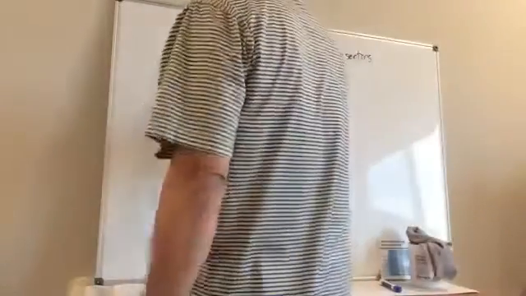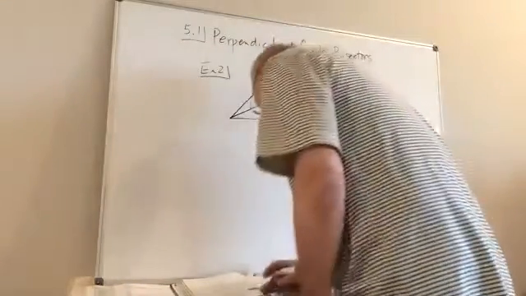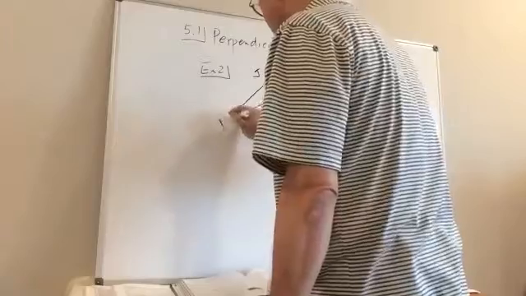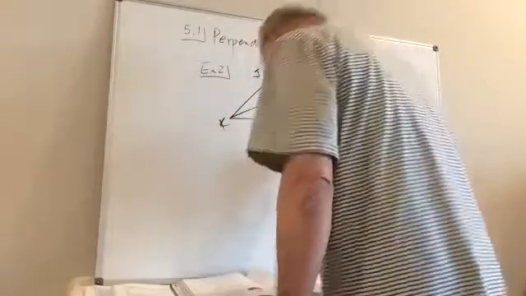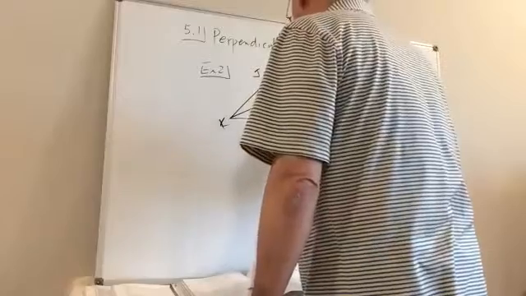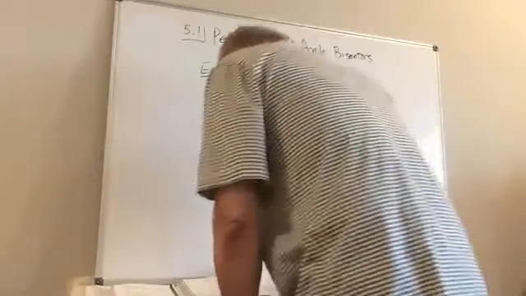Okay, so that's good. Let's see if we can use it, flip the page and do example number 2. Example number 2, we have find each measure, and on the first one, looks like we have J, K, L, M, and we know that this and this are the same.